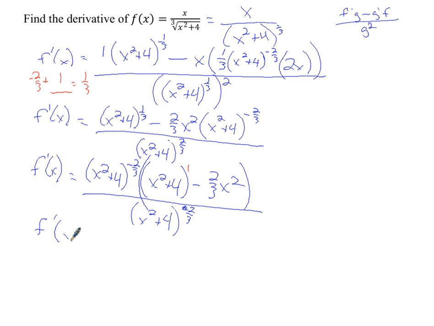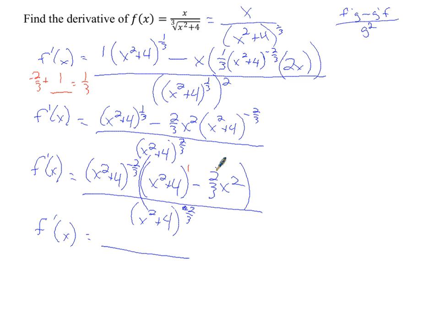So f prime of x, don't panic, we're almost there. You're seeing the things you should be seeing. This moves to the denominator. In the numerator, I have x squared minus 2/3 x squared, which gives me, that's a 1 minus 2/3.